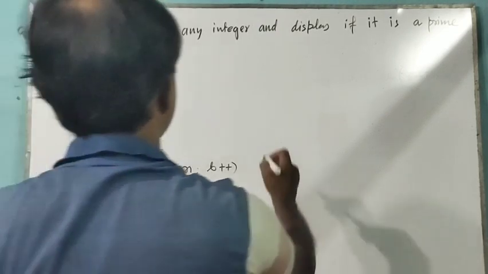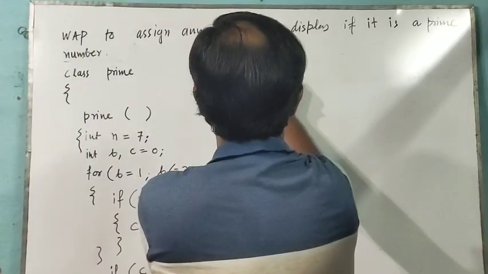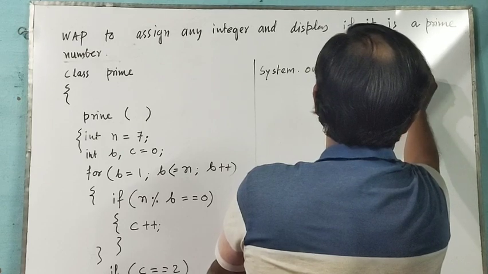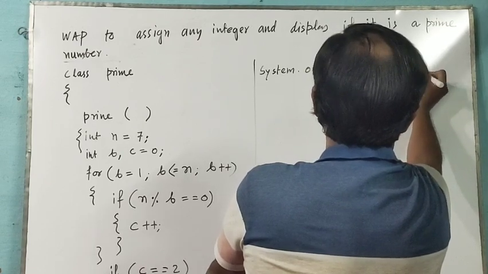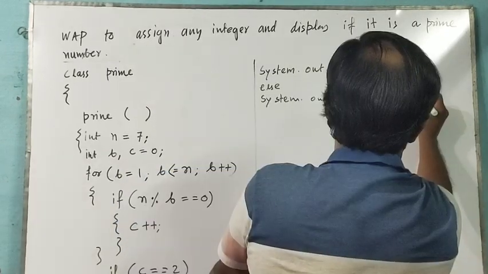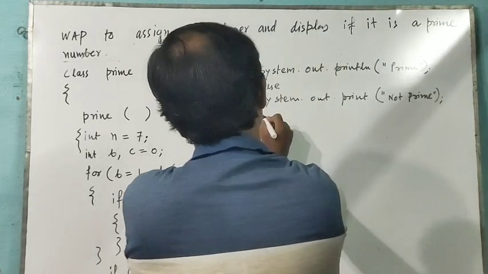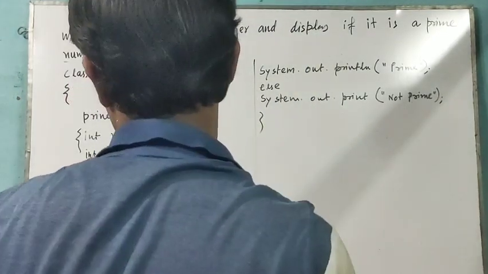So when c equal to 2, that means it is a prime number. So we print prime. Else, not prime. Then we close the body of the constructor.